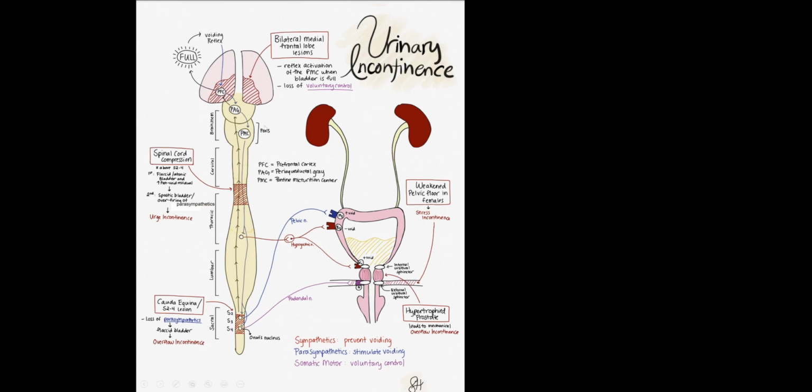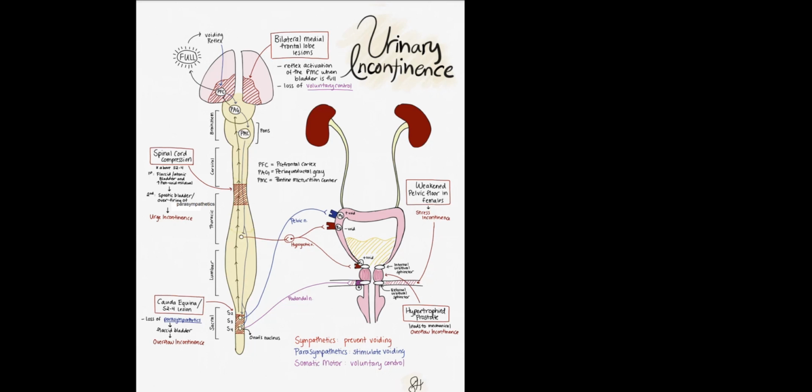And so when the brain decides, so to speak, to void, what happens here is this originates in the prefrontal cortex. Later on I'll show you, but this is the medial part of the frontal lobe in the paracentral lobule. And from here the signal goes back to the periaqueductal gray in the midbrain, and then to the pontine micturition center, as the name indicates, in the pons.